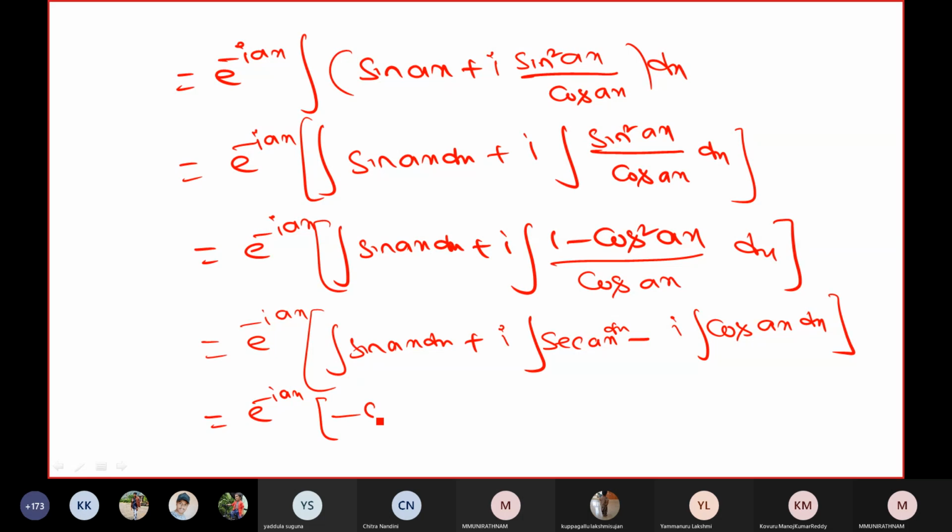So integral of sin ax is minus cos ax by a, plus I into. So anyone, what is the integral of secant x?